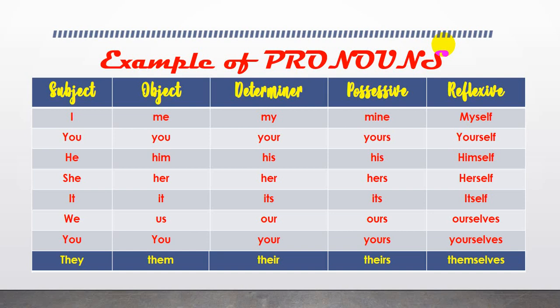How can we differentiate between my book and mine? Okay, when we talk about the same thing, the same noun, yeah, so we have two nouns and the nouns are the same. Let me give you an example.